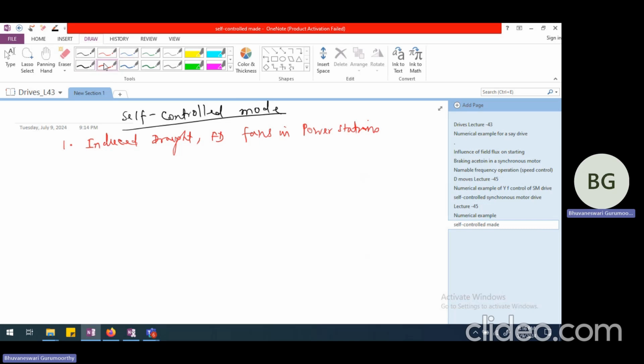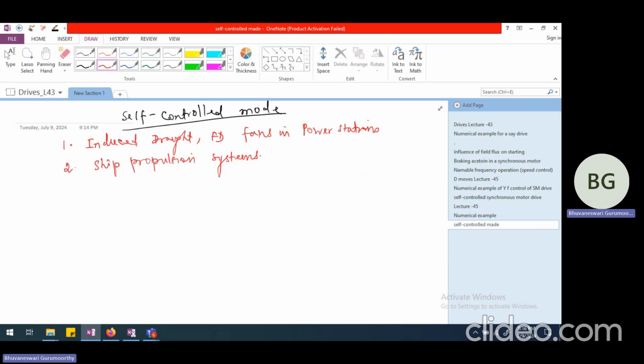Another typical example of self-controlled mode of synchronous motor drive operation is in ship propulsion systems. If the ship is being propelled by an electric motor, it has to be at least a few megawatts, and invariably synchronous motor drives are used for this purpose.